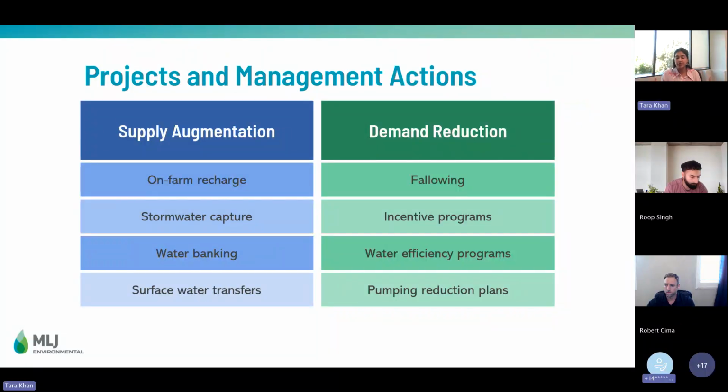So everybody's taking steps, implementing projects, implementing management actions. And if you are measuring that water, where it's going, where it's coming from, and how much of it, you'll be able to provide that necessary proof to show that, hey, we're doing this, we're actually trying to balance our basin, and the numbers are trending towards that.